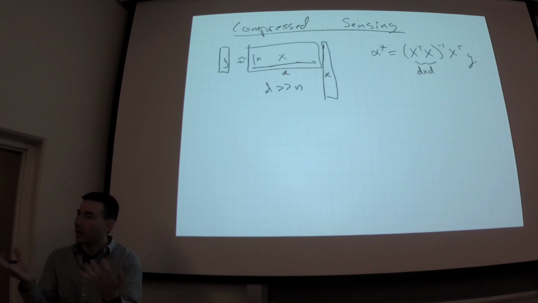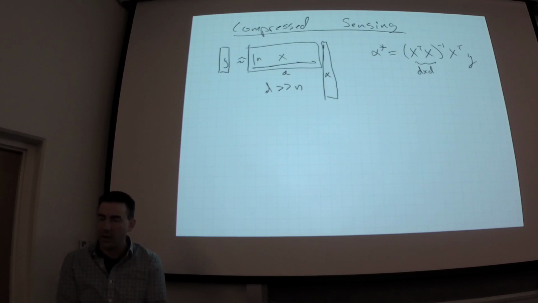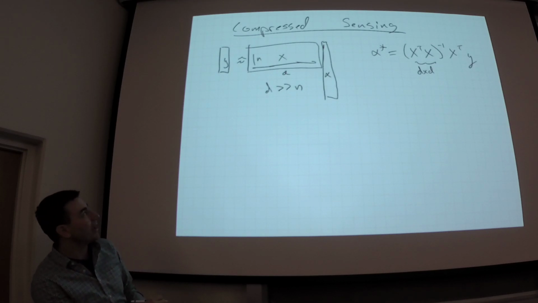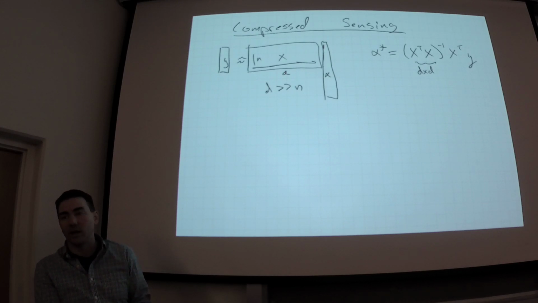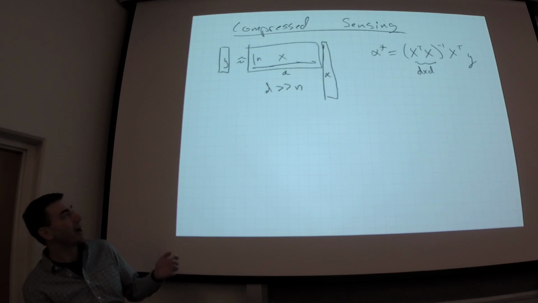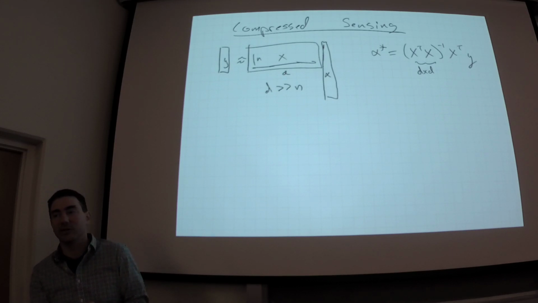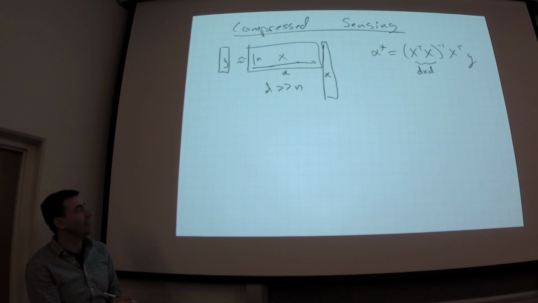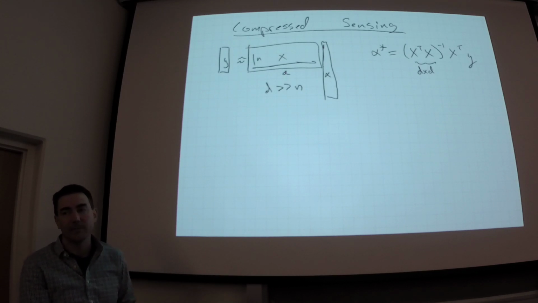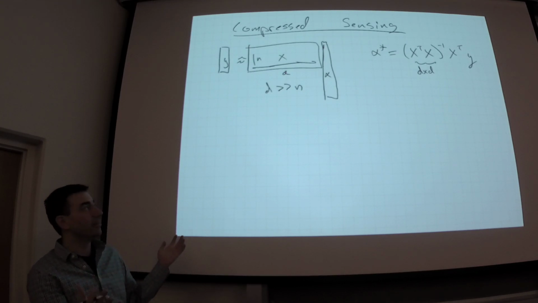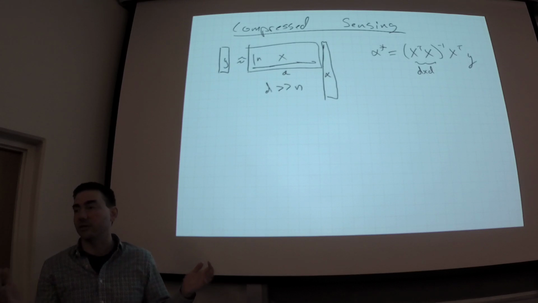So it's square, which is why I need to take the inverse, but it cannot possibly be full rank. I need it to be full rank to take the inverse. So this is a problem. I shouldn't be able to solve this. In fact, it means there are an infinite number of solutions which solve this exactly. So this formulation should not even make sense.